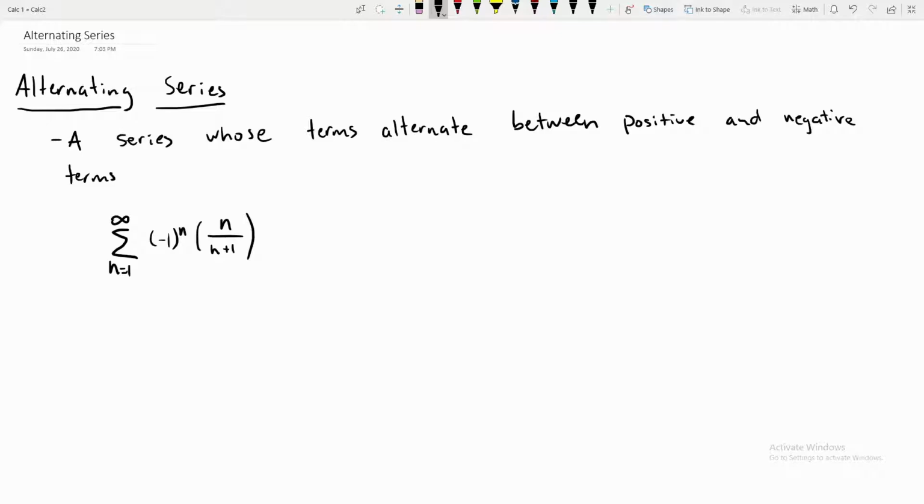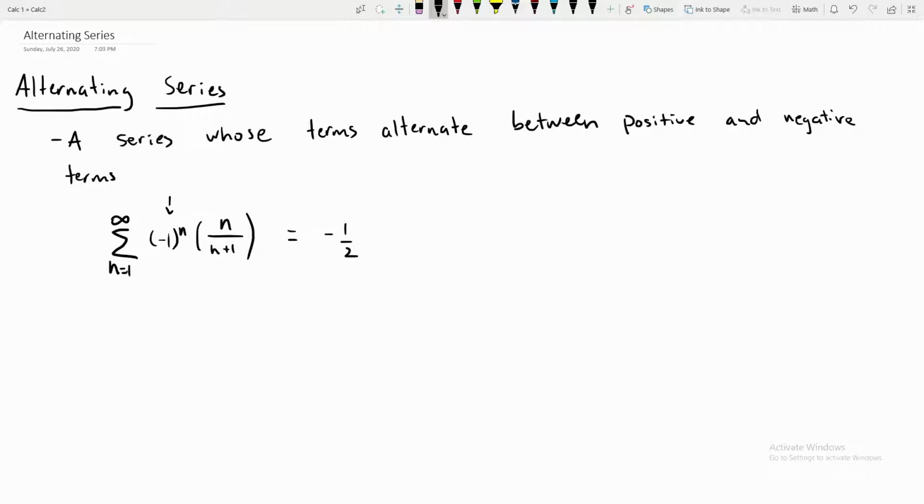Well, as we can see, if we start with n equals 1, let's look at what it'll be. First of all, we'll have a negative sign because (-1)^n will be a negative 1. So it'll be minus, and then on the numerator it'll be 1, and on the denominator it'll be 2. So we'll have minus 1/2. Now on to the next term when n is equal to 2.